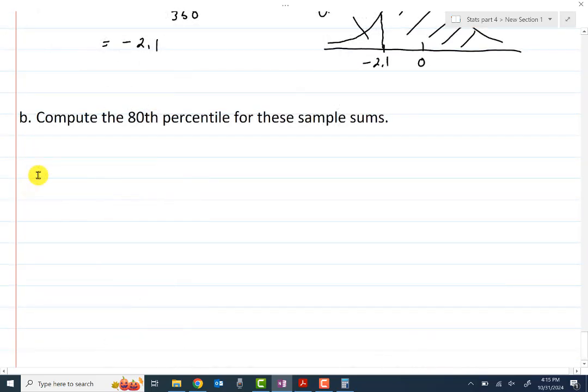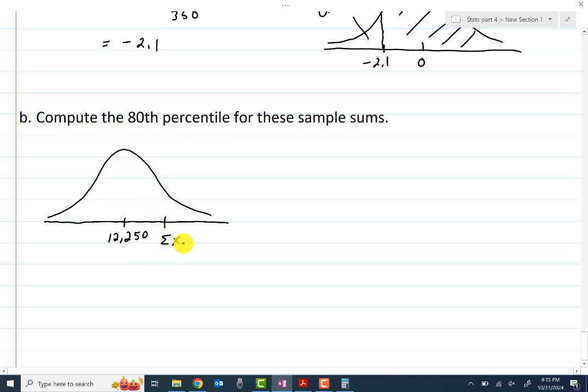All right, let's draw a picture of the initial situation. Here, since we're talking about sums, I have 12,250 here. The 80th percentile will be some sort of a sum. We'll call it that.